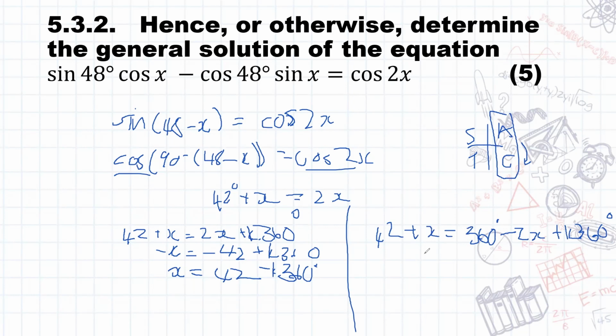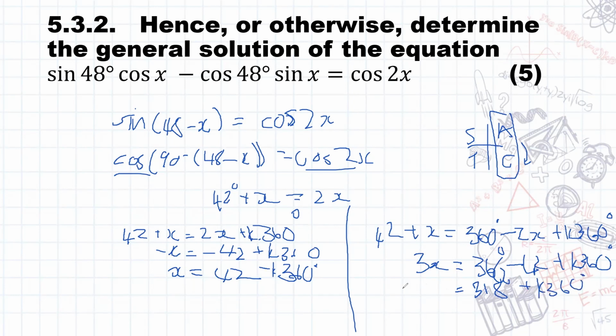So x plus 2x becomes 3x and 360 minus 42 plus k360. Okay, so that is a magical calculator in the background, gives us 318 degrees plus k360.